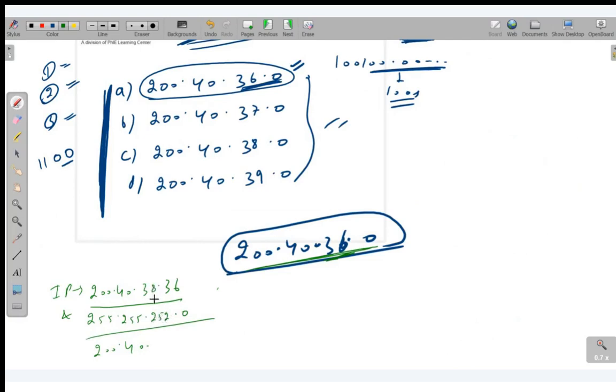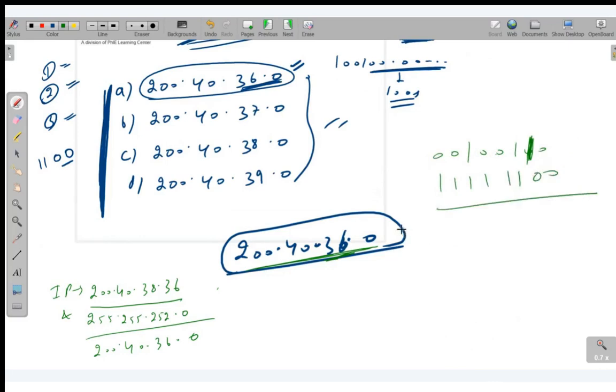So it will become 36.0. And you see, 36 and 38 are like this. Here we have 252, which means 1 2 3 4 5 6 7 and 8. 252 means 1 1 1 1 1 1, and these two are 0.